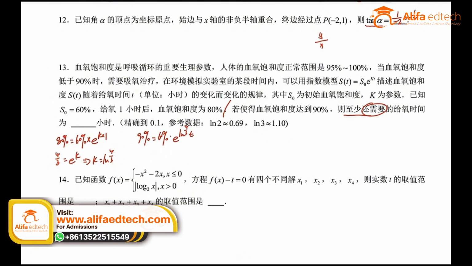Okay, so in that case, I'll divide by 60%, and that gives me 9/6. And at this time, let's look at the right side. What can we rewrite the right side as? That is e to the power of the natural log of 4/3 times t. What can we rewrite it as?